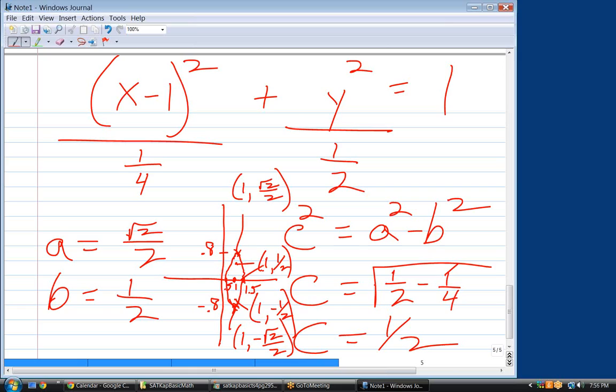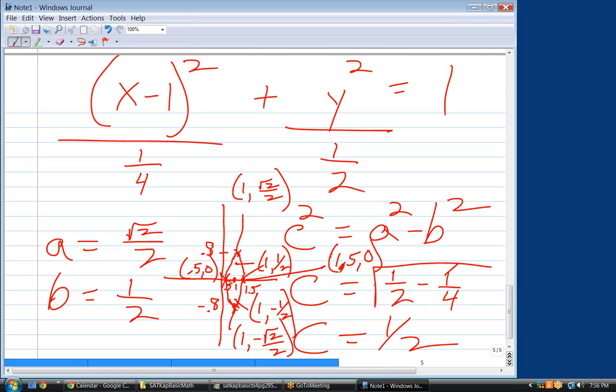Like I said, way to draw this thing so tiny I can't read it. This one here is 1.5, 0. And this one here is 0.5, 0.